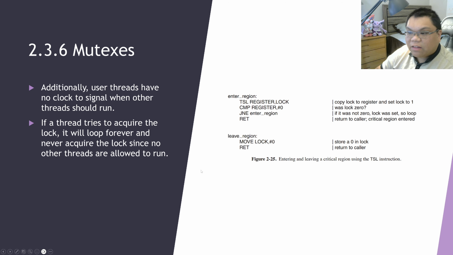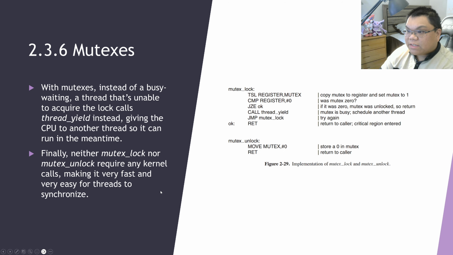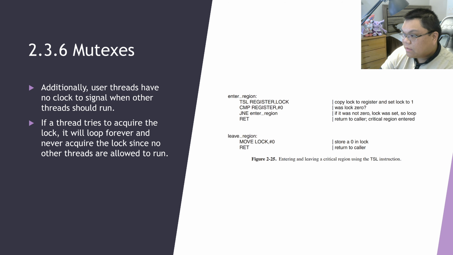So we need a means of signaling the threads, hey, it's your turn to run. With mutexes, instead of busy waiting, a thread that's unable to acquire the lock calls thread yield, giving the CPU to another thread so it can run in the meantime. The problem with the previous code is that there's no means of telling threads that it's their time to run.